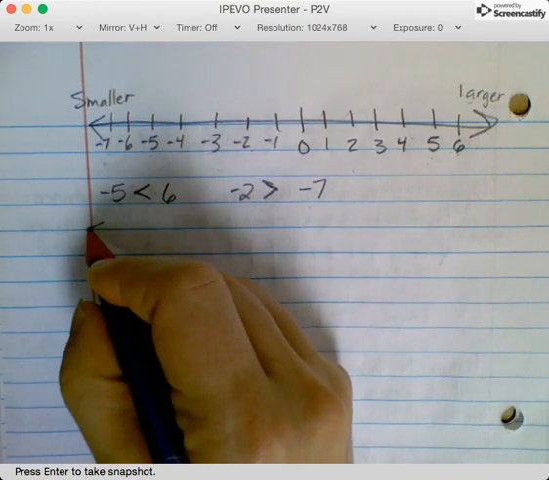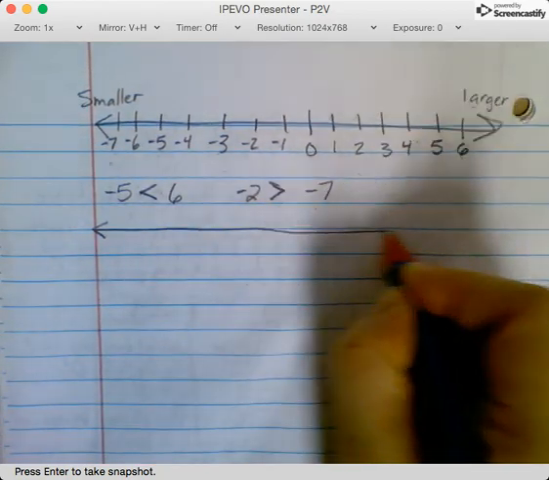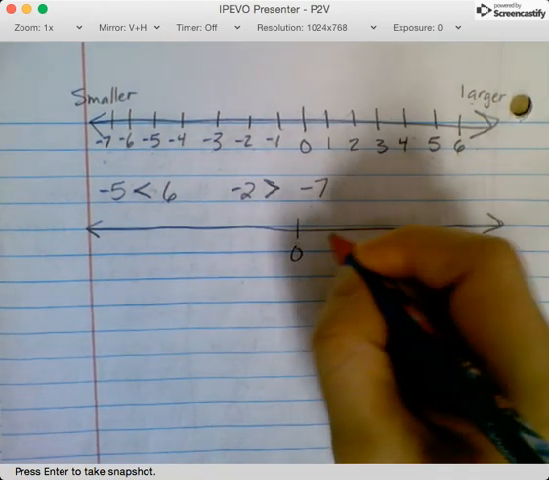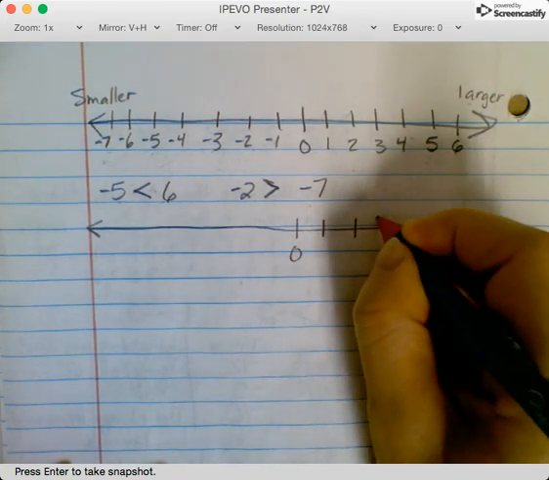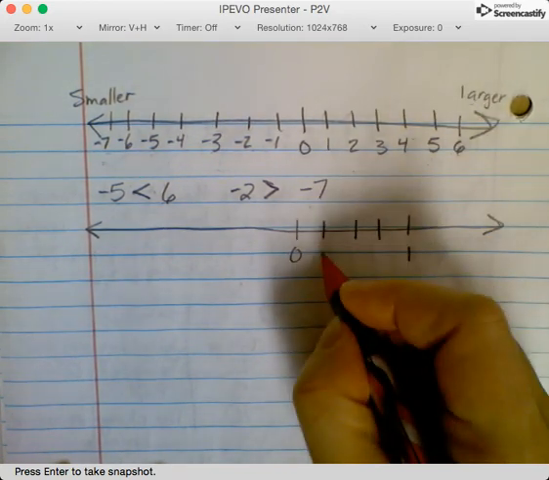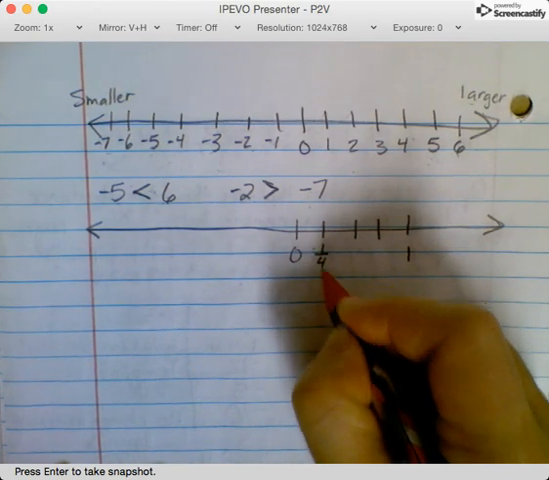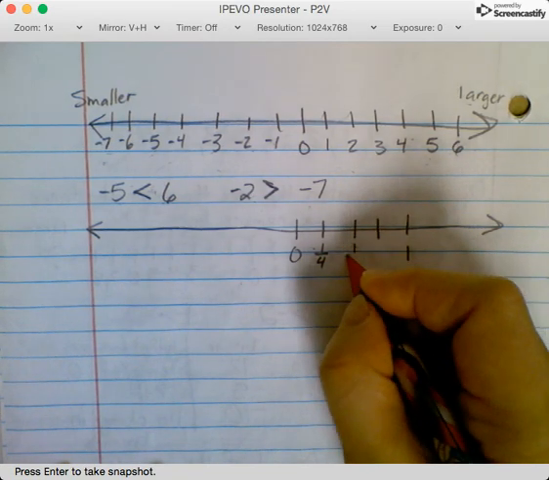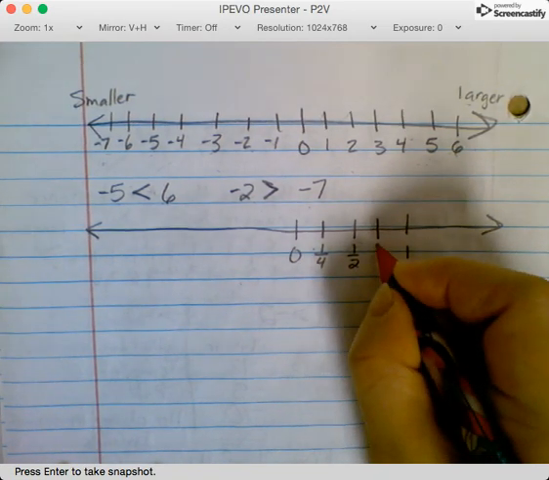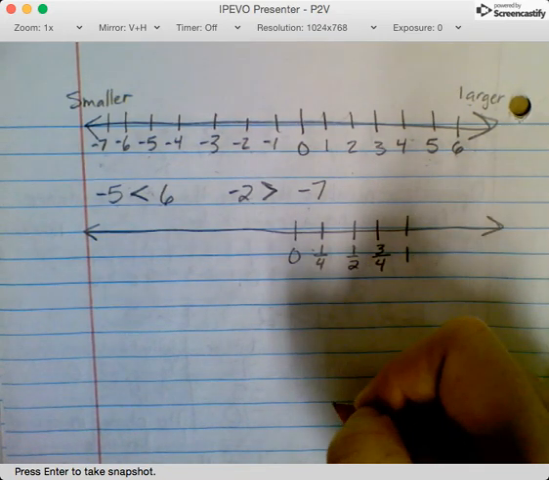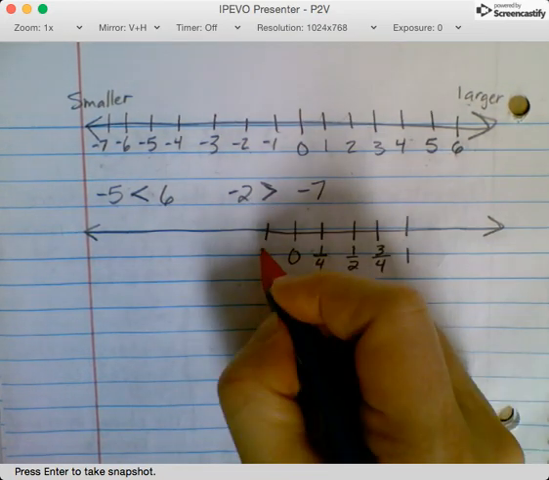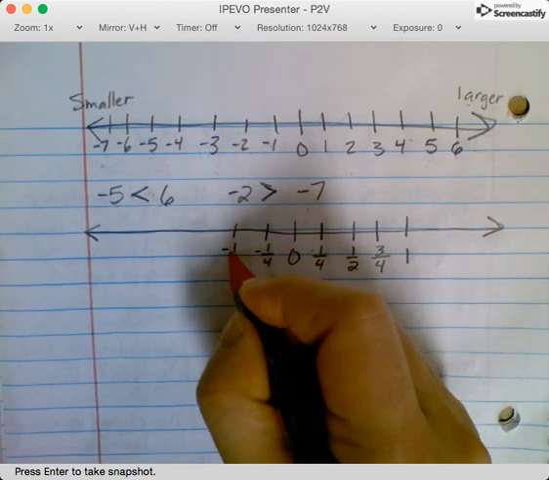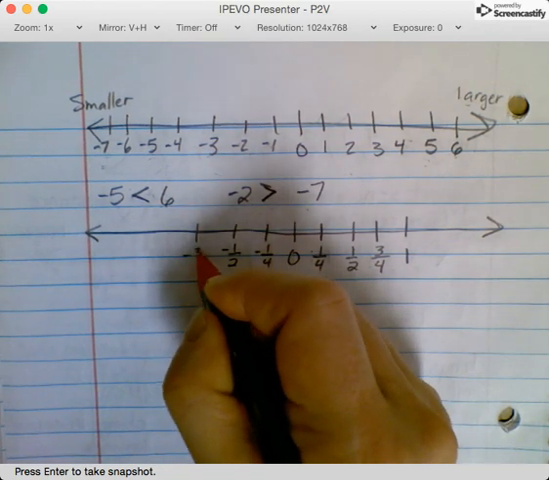And then we think about it the same way with fractions. I'm going to start with just general fractions. 1/4, 2/4 is equal to 1/2, so I'm going to write 1/2 instead of 2/4 here. Okay, and then I'm going to go the other way, -1/4, -1/2, -3/4.